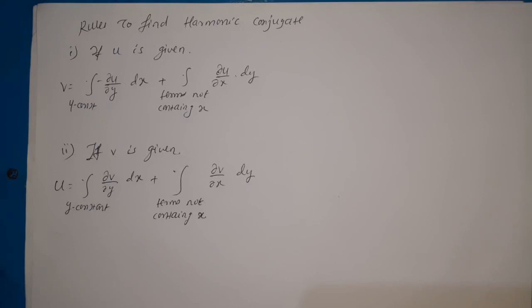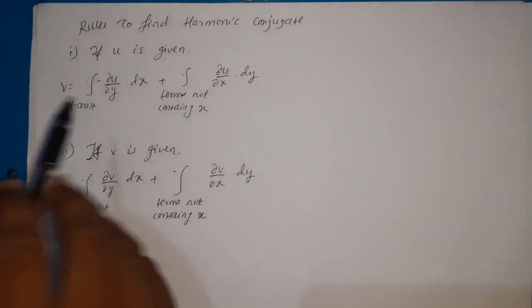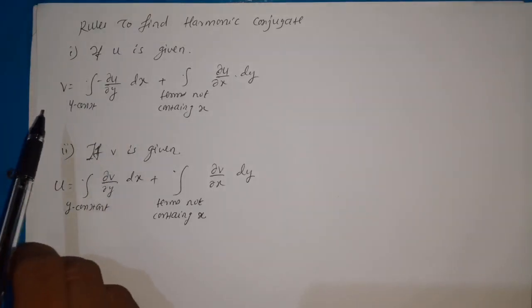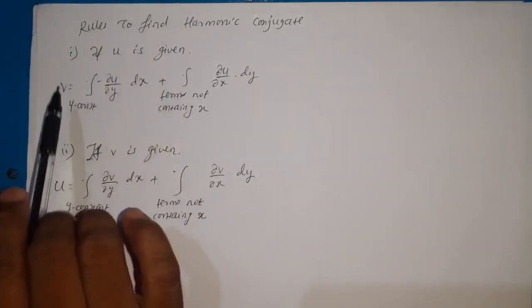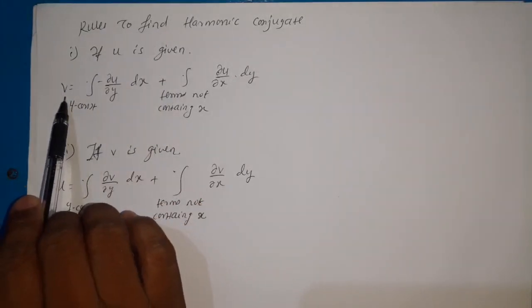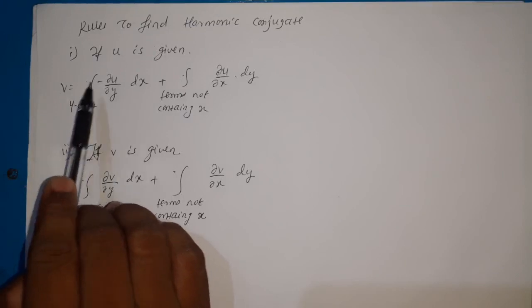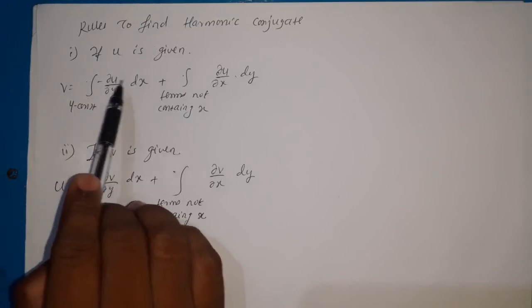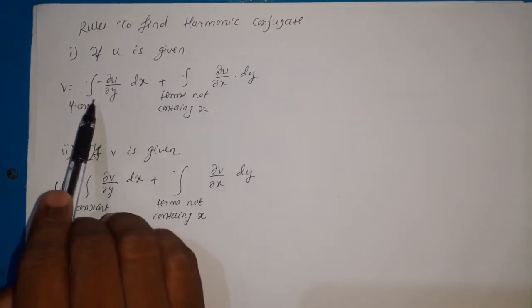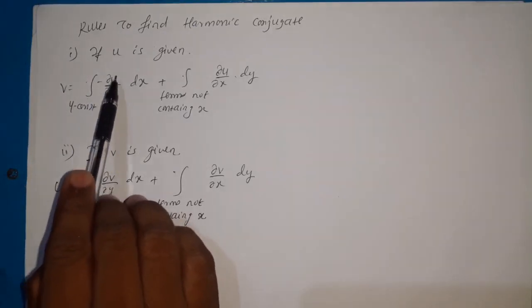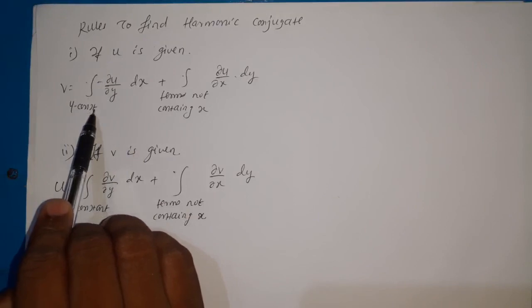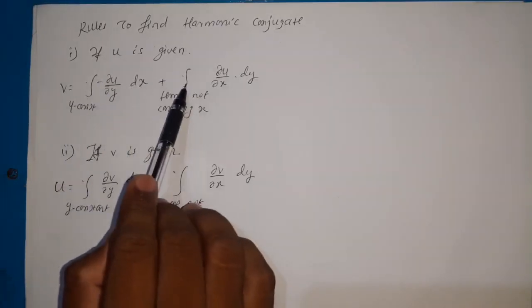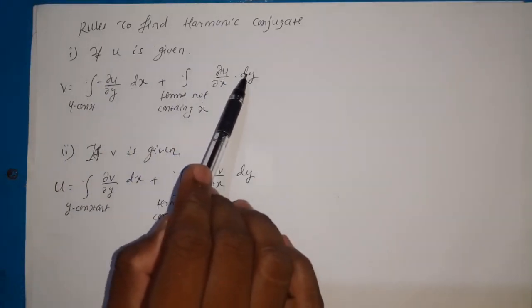So now if u is given, then how to find v? Here there is a formula to find v when u is given. If u is given, then v can be written as integration of minus dou u by dou y into dx. Here we need to integrate this with respect to x, treating y as constant, plus integration of dou u by dou x into dy.